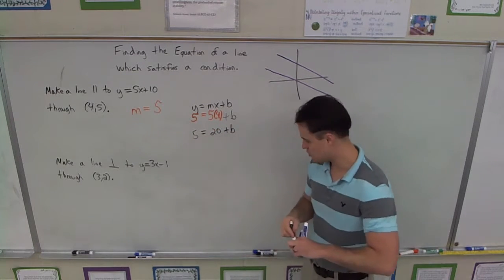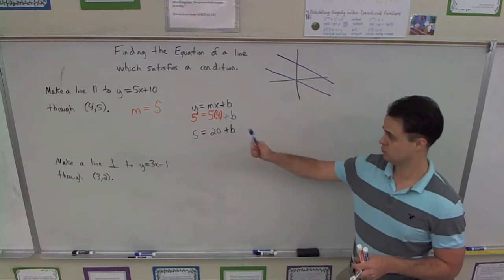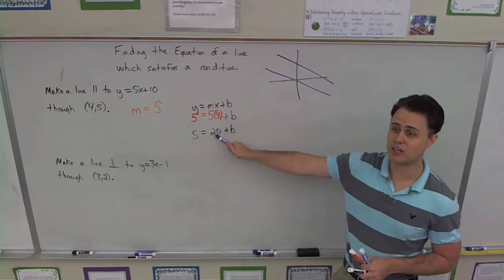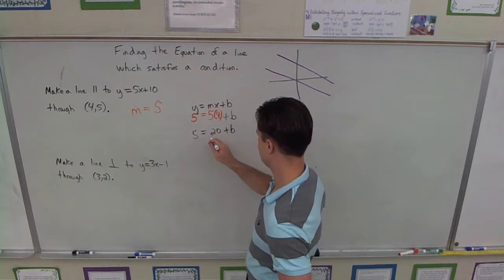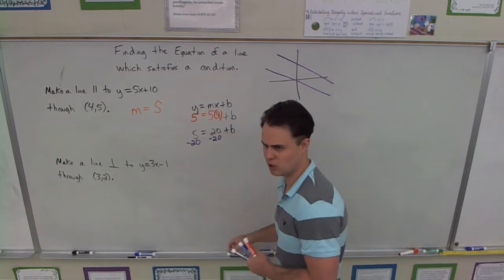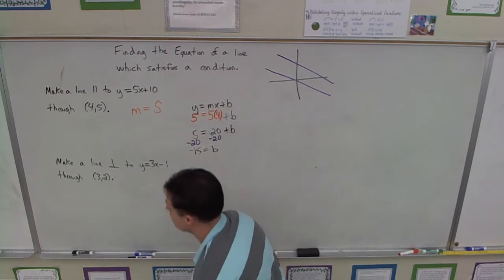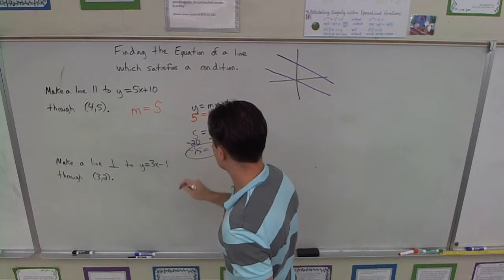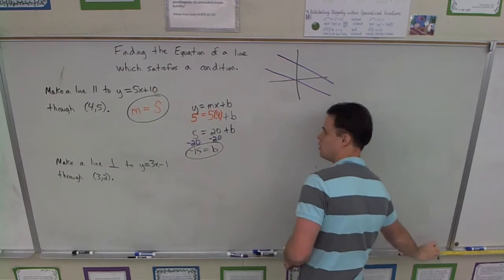If I want b by itself, because I'm trying to find it, what's in the way? The 20. So how do I get rid of it? Subtract it. Very good. 5 minus 20 is negative 15. I would get in the habit of just circling it when you've got a final ingredient. So we've got that, and we can write our line down.